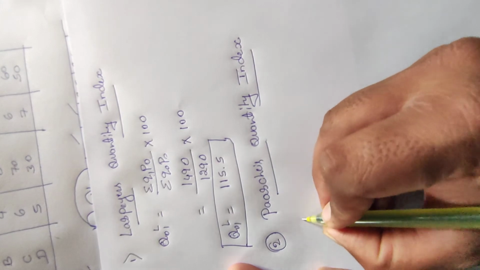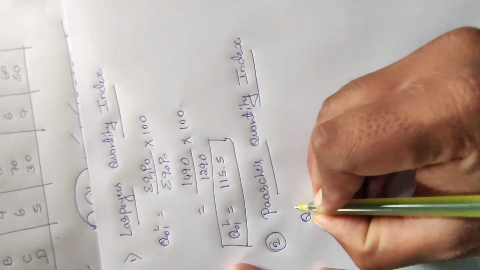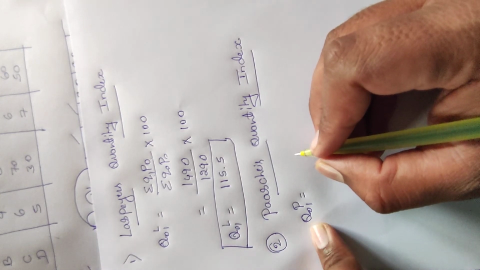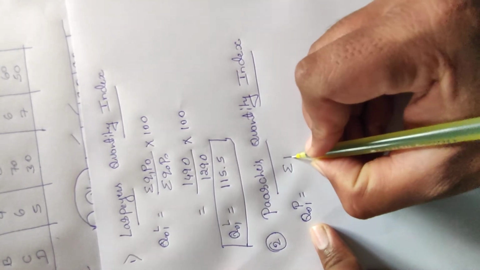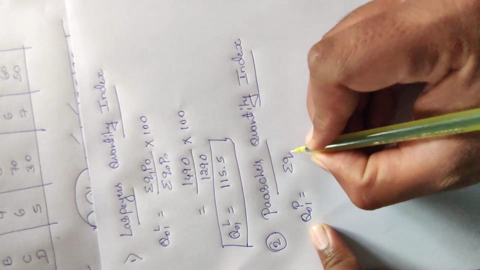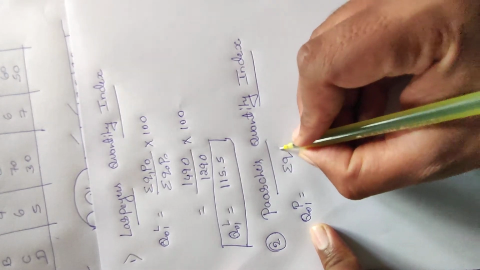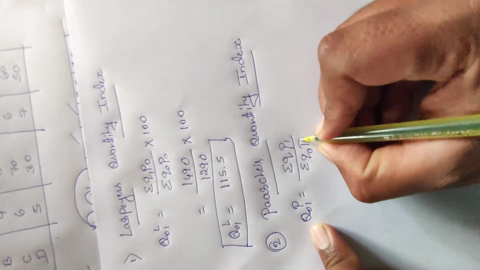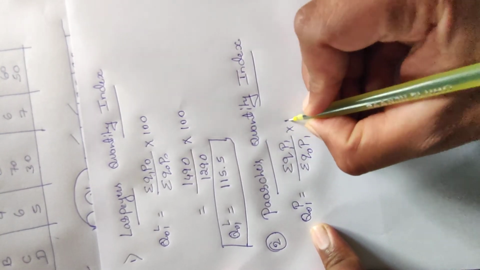The Paasche quantity index we can denote as Q01 P. The formula for the Paasche quantity index is summation of Q1 P1 divided by summation of Q0 P1 into 100.